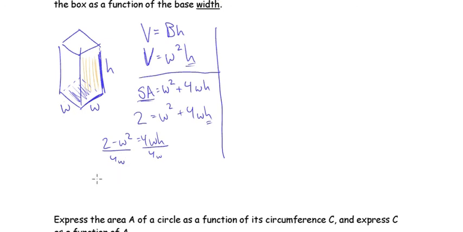And we have H is equal to 2 minus W squared, divided by 4W. Let's neaten that up a little bit. And now we have H, and we'll substitute it in for H back up here.